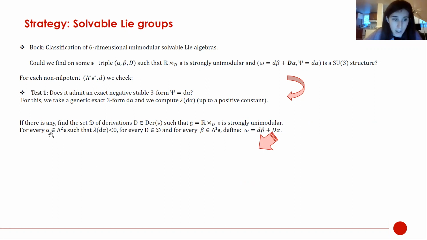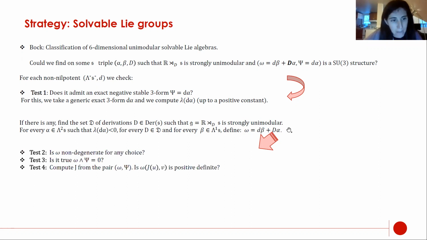And for every two-form alpha whose differential is negative stable, and for every distinguished derivation, and for every one form, we define omega with the formula we have.